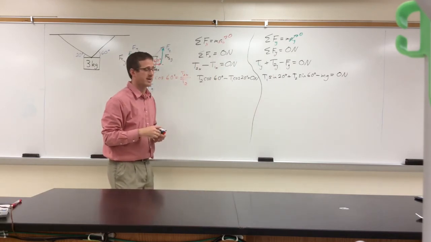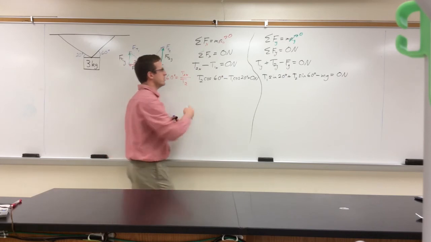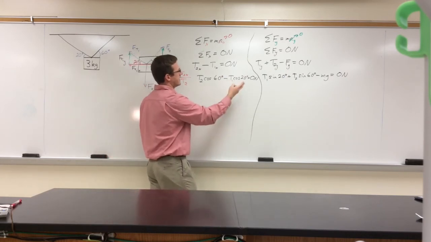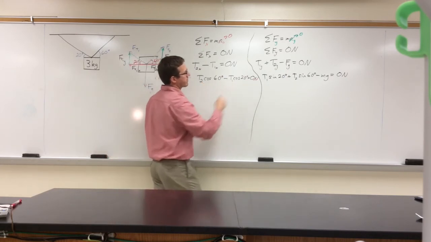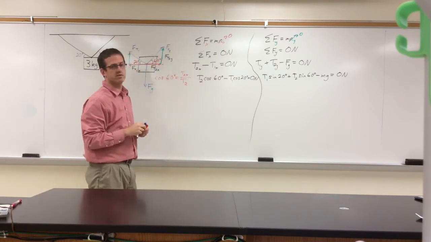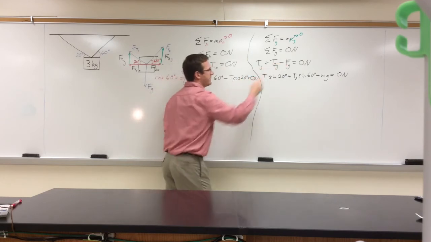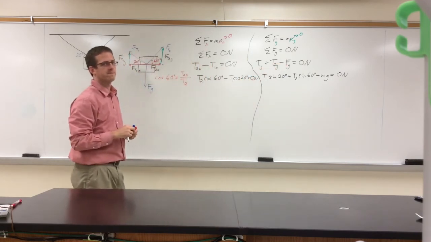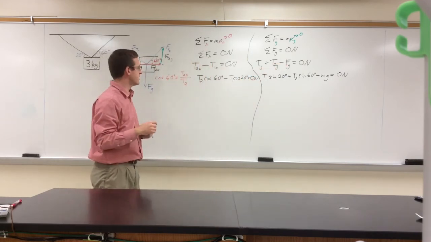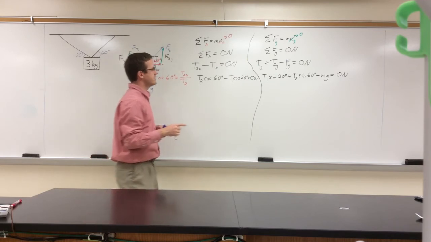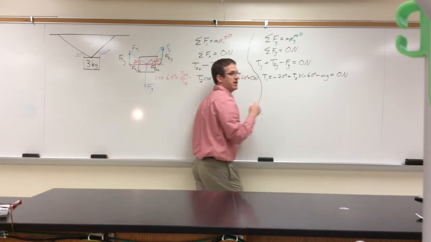Now, at this point, you're saying, that is a mess. I've got two equations, and I've got, let's see, 3 unknowns, 4 unknowns. But it's better than up here. Here I had 2 equations, and I had 5 things I didn't know. But we can continue to plug some stuff in that we know. For instance, over here, I know the mass, and I know g.